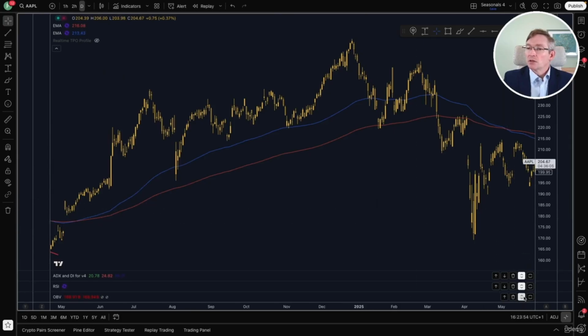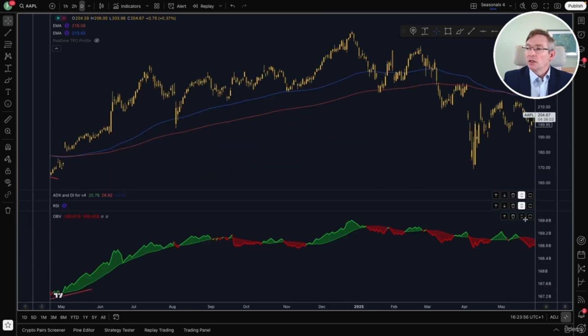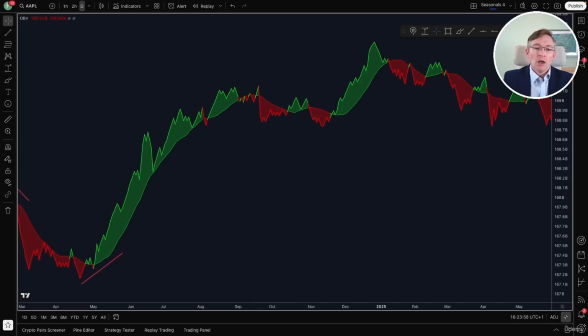Now, this tool, the on-balance volume tool, it's one of the easiest ways to measure buying and selling pressure. It was created by Joseph Granville, and it's a cumulative line that simply adds or subtracts volume based on a day's price movement.